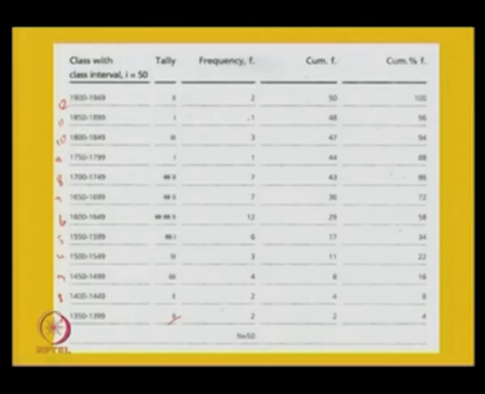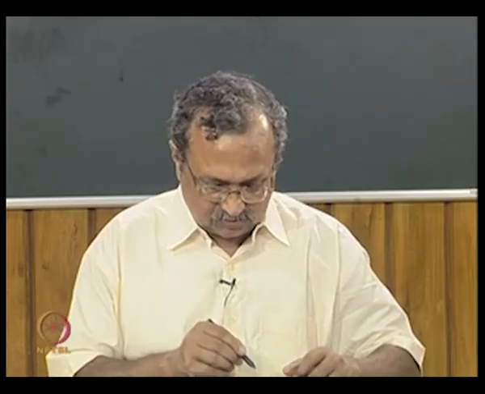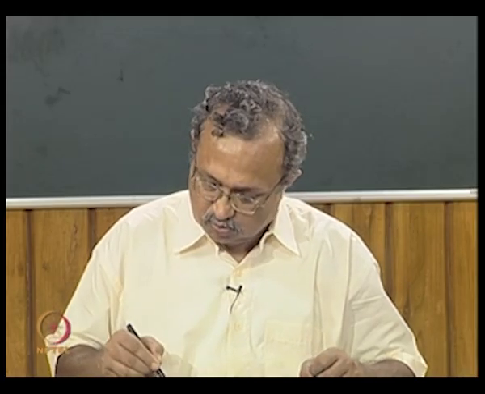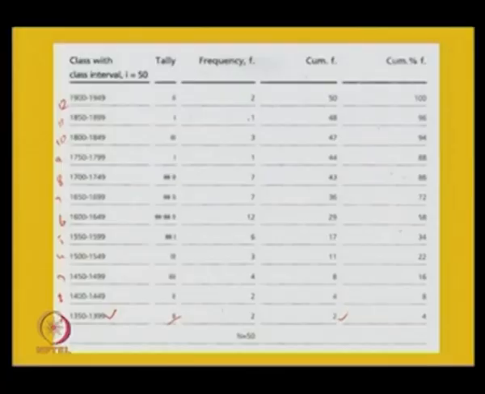Now, the cumulative frequency: suppose in this class only 2 are there, in this class 2, but if we consider the value 1449, below this value a total of 4 are there, meaning 2 from below and 2 of this class.